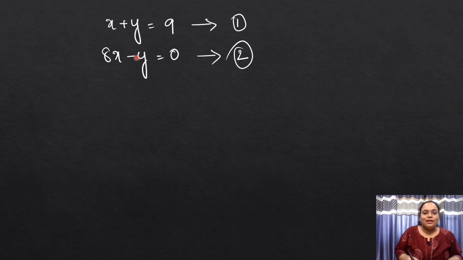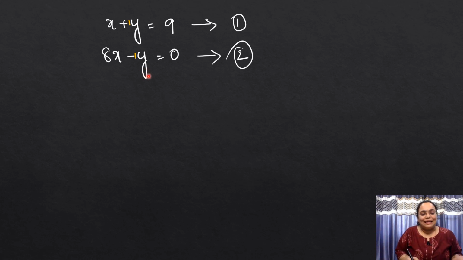Okay. So these are the two equations which we got, right? So x plus y is equal to 9 and 8x minus y is equal to 0. Correct? So if you see these two equations, we can easily eliminate y variable, right? Because the coefficients of the variable are equal. What are the coefficients? It is 1. How can you eliminate y variable?